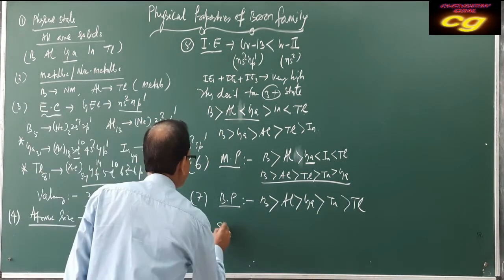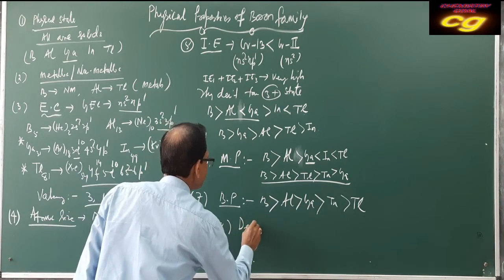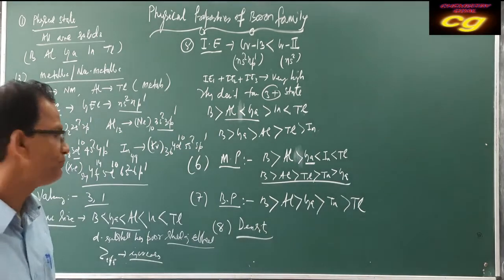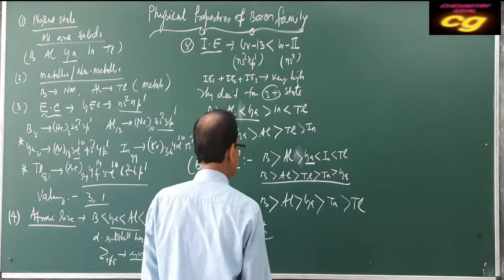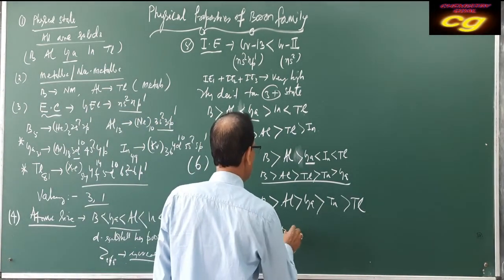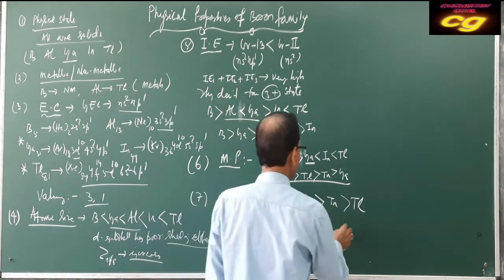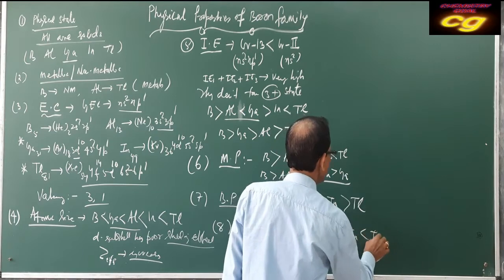Then density. Density has an increasing order: boron less than aluminium, less than gallium, less than indium, less than thallium.